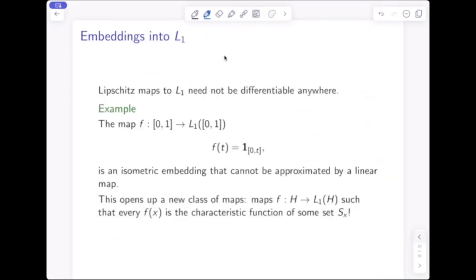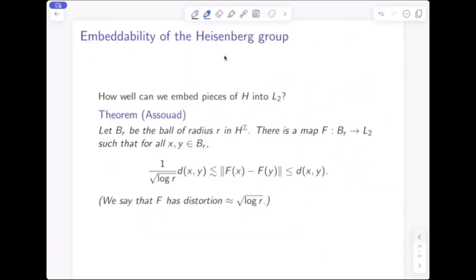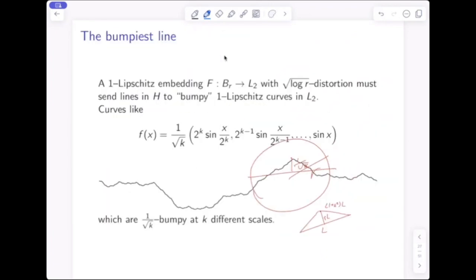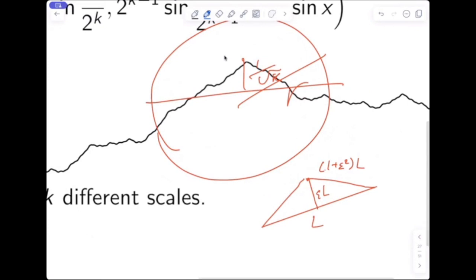So we talked a little bit about how the Pythagorean theorem gives you a bound on how bumpy a curve in Euclidean space can be. It turns out it's much more difficult because surfaces are harder to parameterize than curves are.